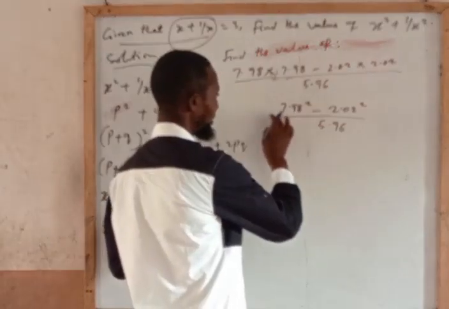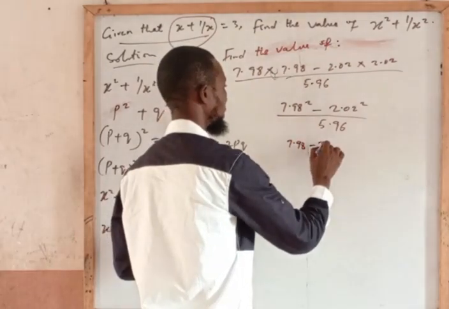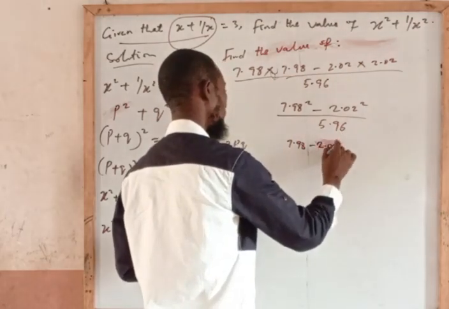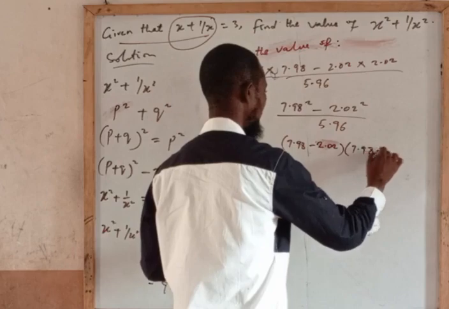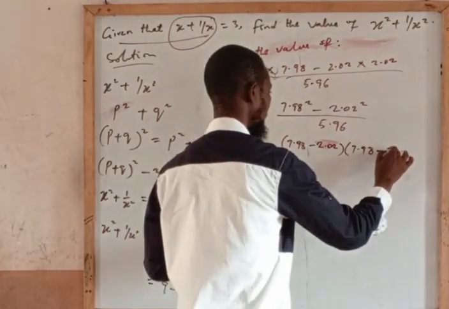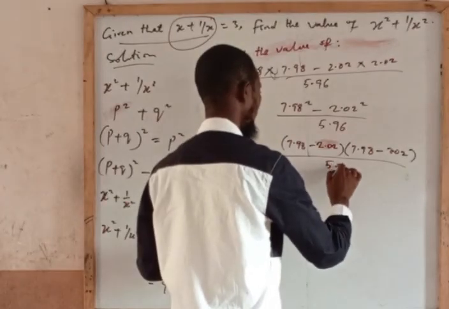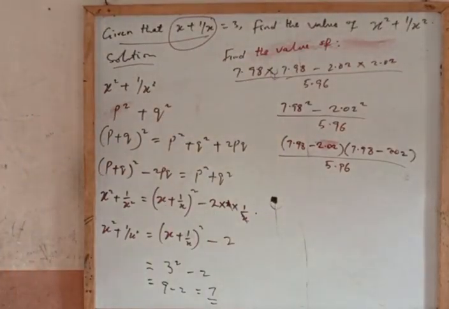Using that identity, I'm going to say 7.98 minus 2.02 against 7.98 minus 2.02, everything over 5.96. We only need to calculate that so as to be able to determine the result.